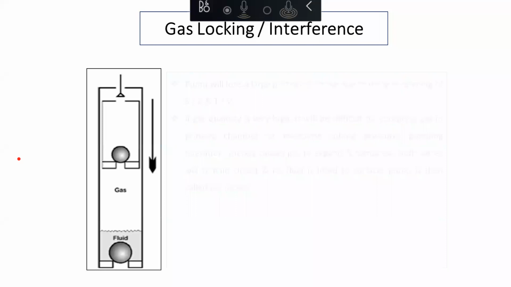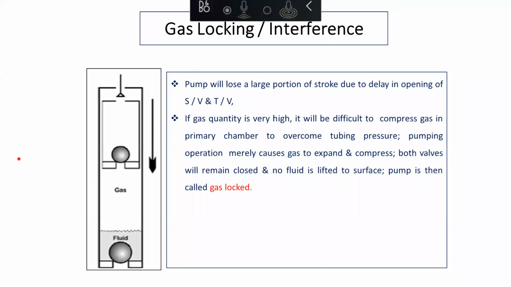And for gas locking, you have a much lower fluid level inside your barrel. In that case, because of the gas compressibility and the larger pressure inside your plunger, your traveling valve will not be able to open during downstroke.